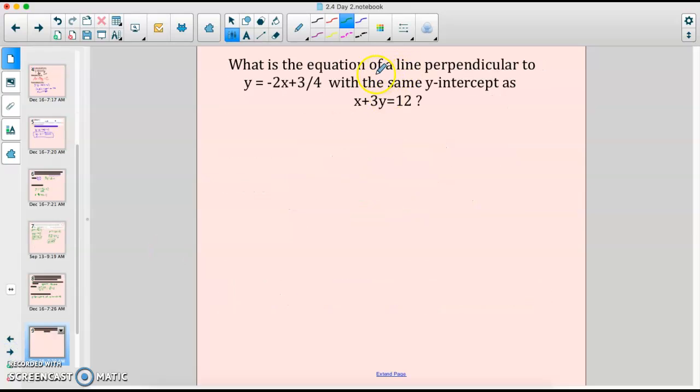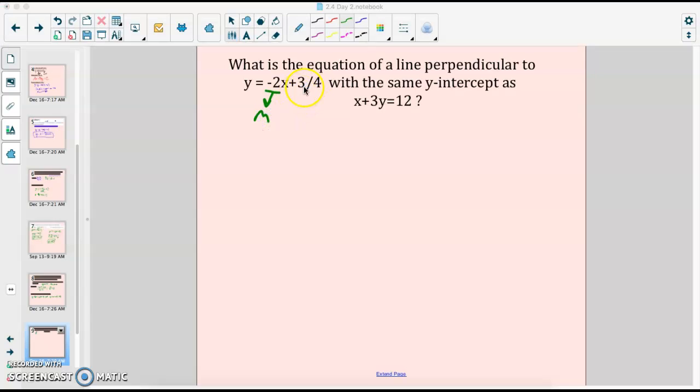All right, what's the equation of a line perpendicular to negative 2x plus 3/4 with the same y-intercept as this line? Interesting. Okay, so first off, over here we know that our slope is negative 2, right? So that's our m.